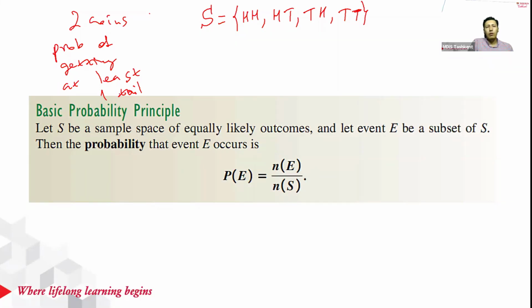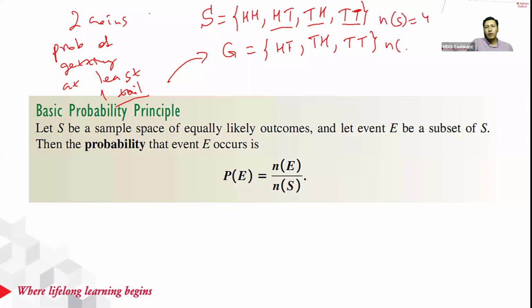So now the event, at least one tail. Which ones from S? You choose the elements which have at least one tail. This one has at least one tail, this one, and this one. So it is head-tail, tail-head, or tail-tail. This is the sample space S, and G is the event. S has 4 elements, and G has how many elements? 3.